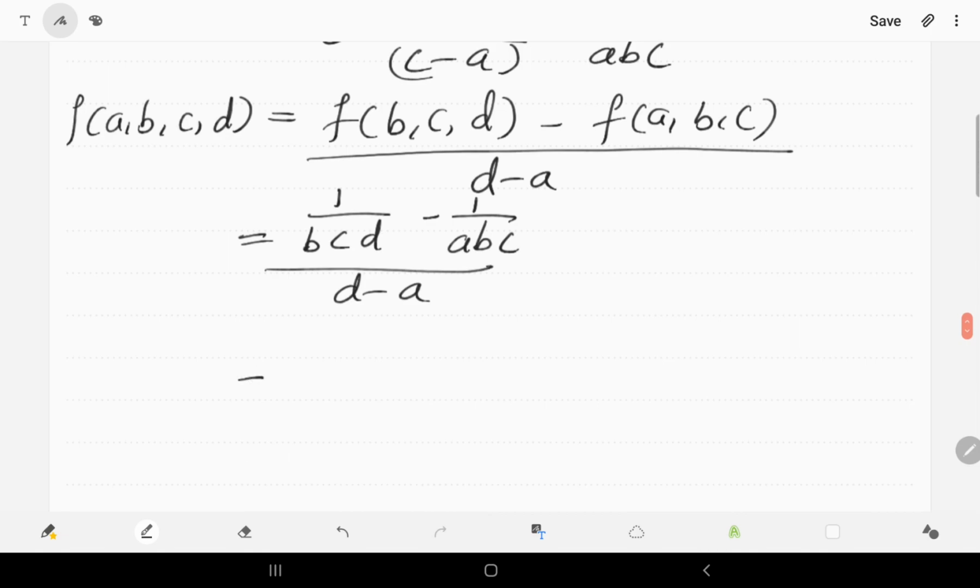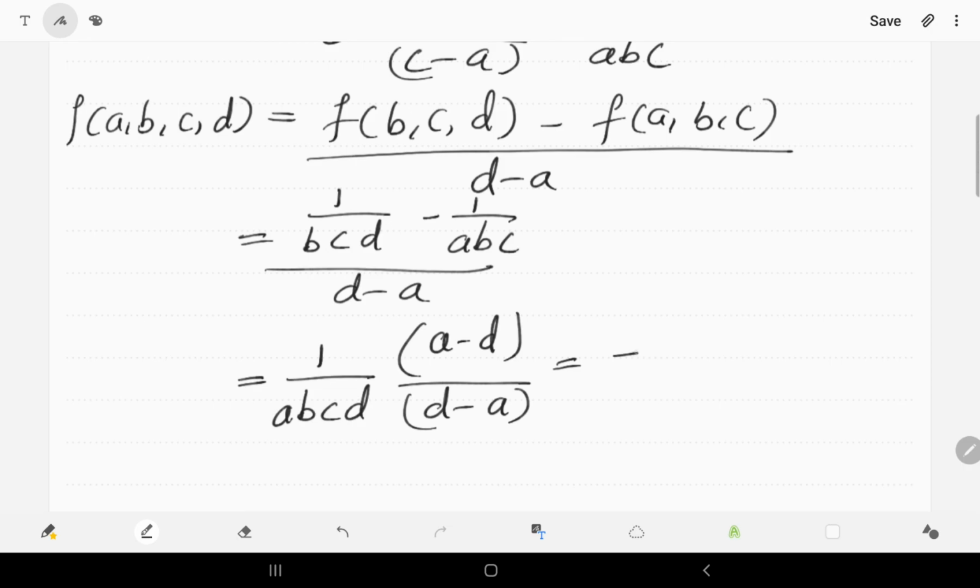Taking the LCM, we get a minus d in the numerator and denominator d minus a. So that is equal to minus 1 divided by abcd, that is nothing but the third difference of 1 by x over a, b, c, d.